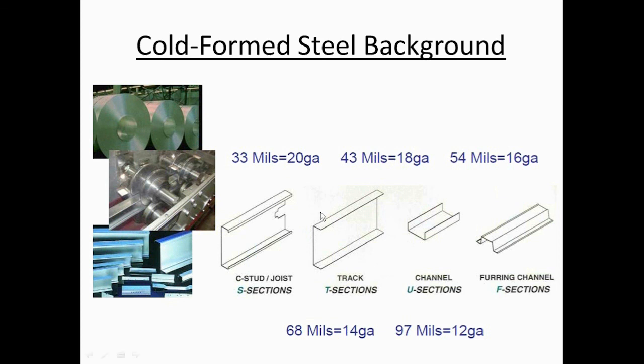This steel comes in thicknesses starting at 18 mils or 25 gauge and graduates up to the biggest thickness of 97 mils or 12 gauge. We're going to be talking this afternoon mostly about the C-stud joists or the S sections.